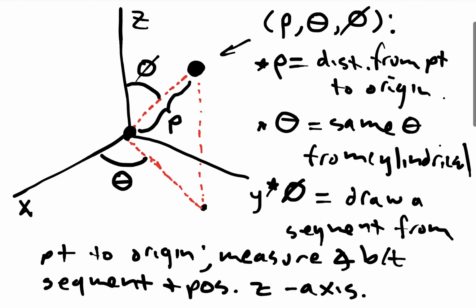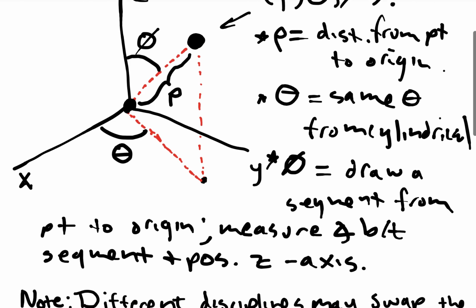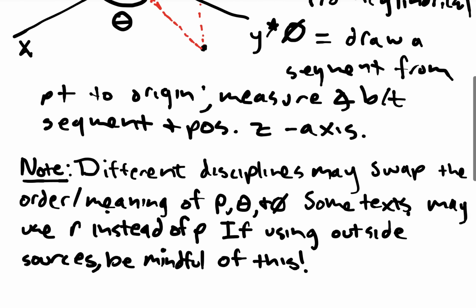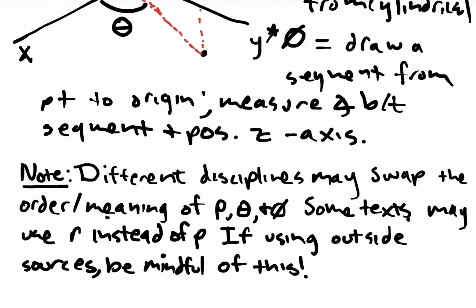Now, a comment, in case you pull notes from multiple sources, or maybe you're taking some physics classes right now where you're also dealing with spherical coordinates. I will give you a warning for using outside references when dealing with problems related to spherical coordinates in this class. Different disciplines may change the labeling and the ordering of what I am calling rho, theta, and phi.